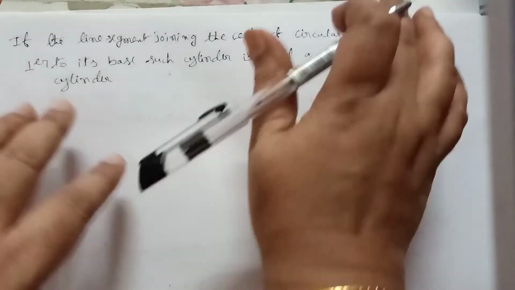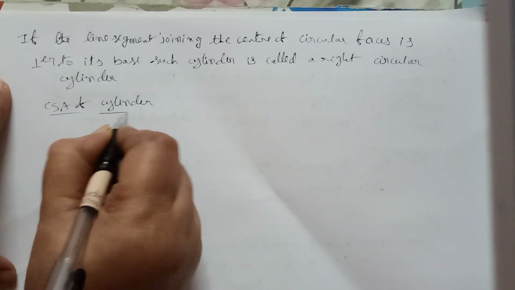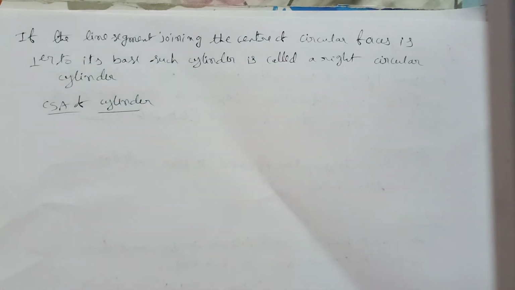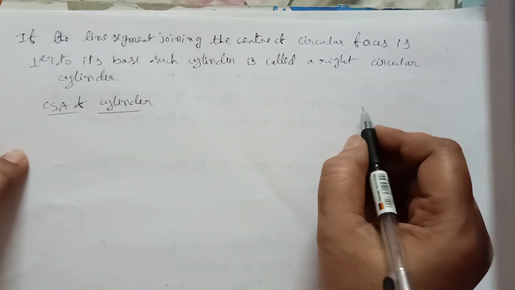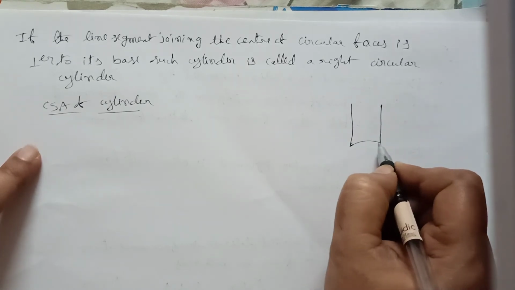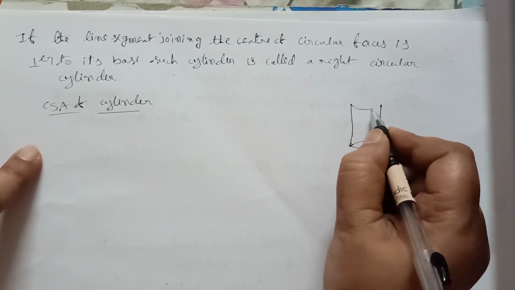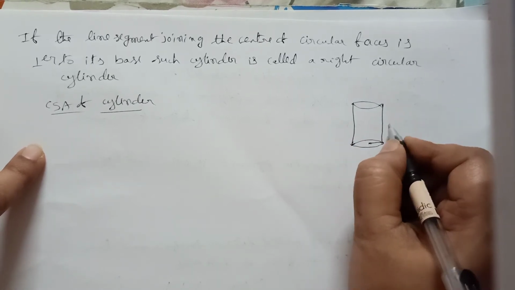Now what is the CSA of a cylinder? Already we discussed in prisms, CSA means perimeter of the base into height. Here the base is a circle, the radius is r units, and the height is h.